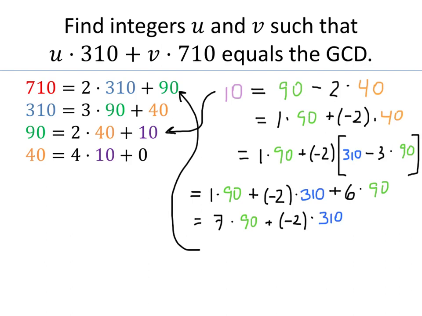So I can rewrite this equation as 7 times, not 90 anymore, but I'm going to rewrite 90 as 710 minus 2 times 310. And then I still have plus negative 2 times 310.